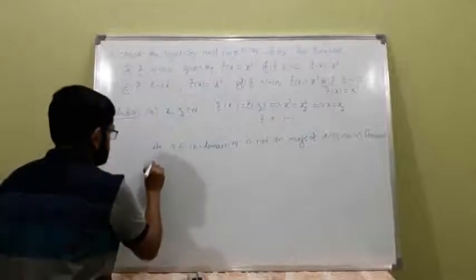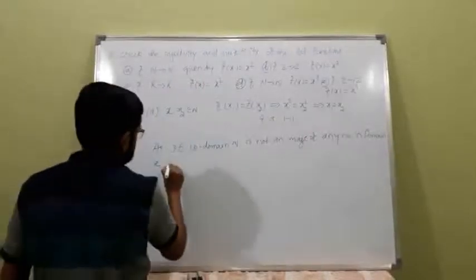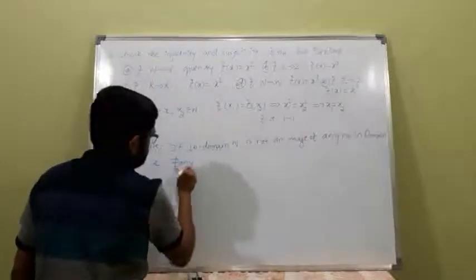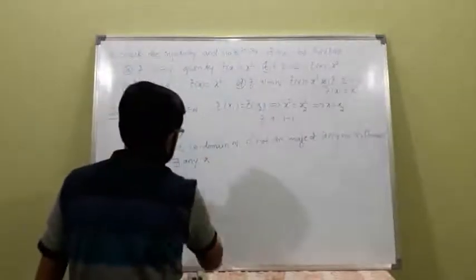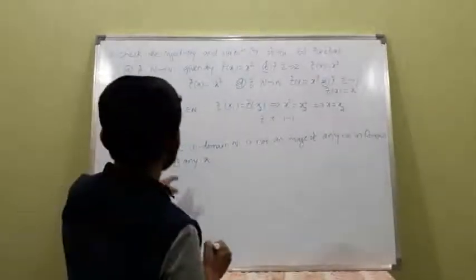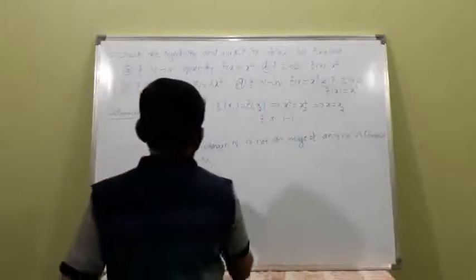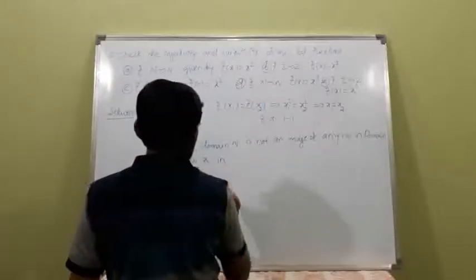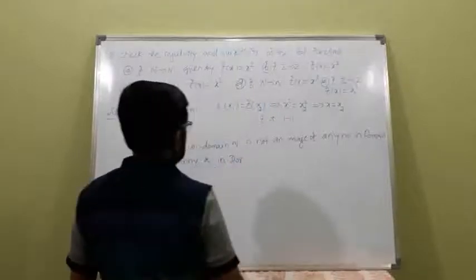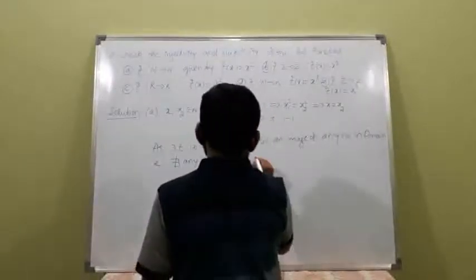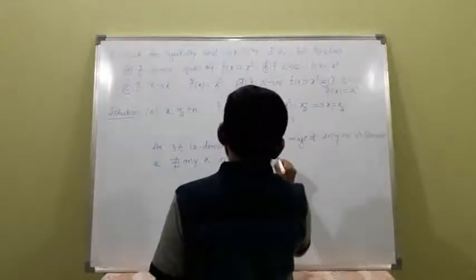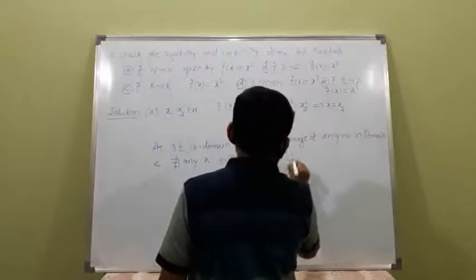That is, you have to write like this: there does not exist any x in domain for 3 belonging to codomain.